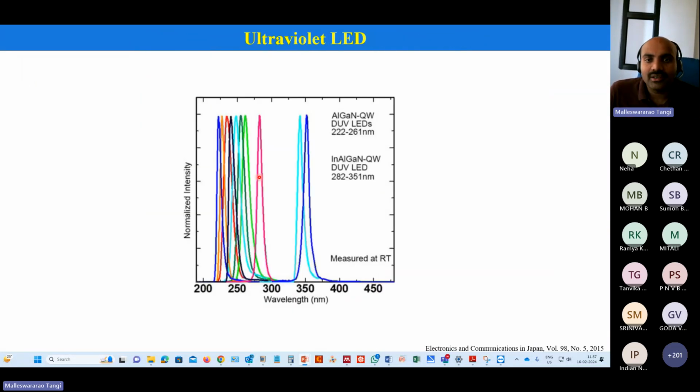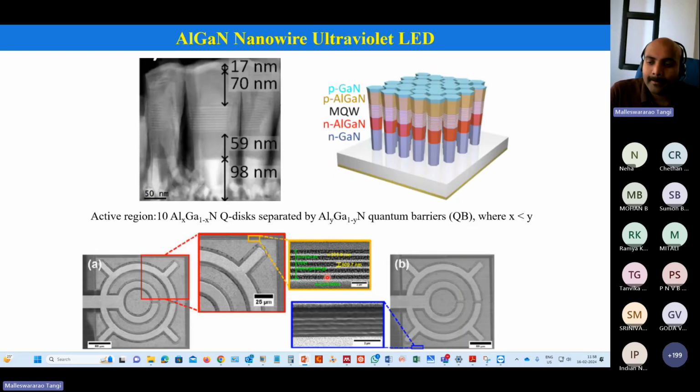Next, till now we discussed quantum confined Stark effect in visible LEDs. We also put some effort into growing ultraviolet LEDs by using aluminum gallium nitride as quantum wells with different compositions. We can tune the UV wavelength by using aluminum gallium nitride, likewise indium gallium nitride in the visible region.